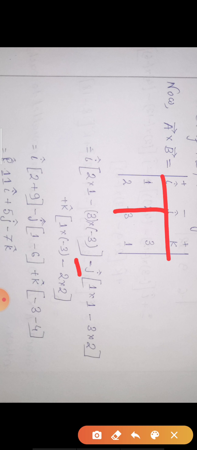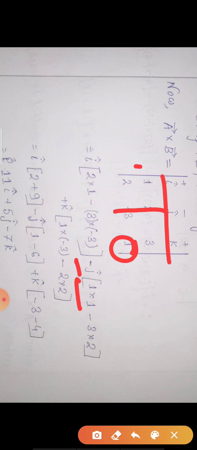So remove these terms, only in your mind, you don't have to do it in your copy. So 1 into, top left is 1 and bottom right is also 1.